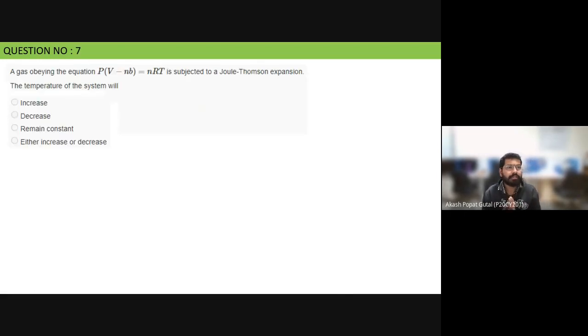The seventh question: a gas obeying the equation P(V minus nb) equals nRT is subjected to a Joule-Thomson expansion. The temperature of the system will increase, decrease, remain constant, or either increase or decrease. This question we have seen, we discussed it in the revision part also. The gas equation is given, P into (V minus nb) is equal to nRT.